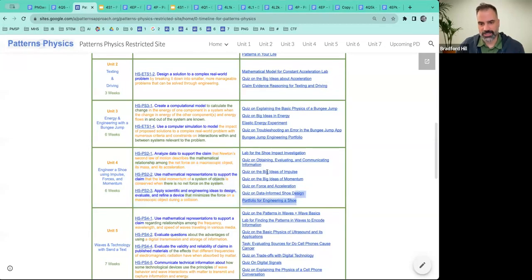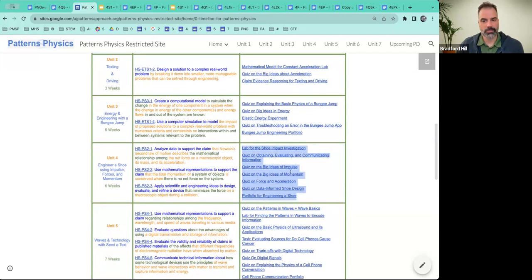Here is a list of opportunities to assess students and give them feedback. But just know that this is a unit where, when people are behind, we strongly suggest cutting things. We'll say that in the flow of it. So you might not give all of these.